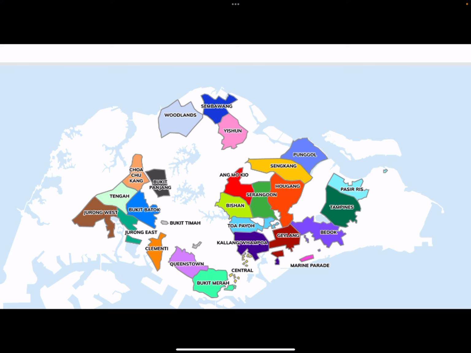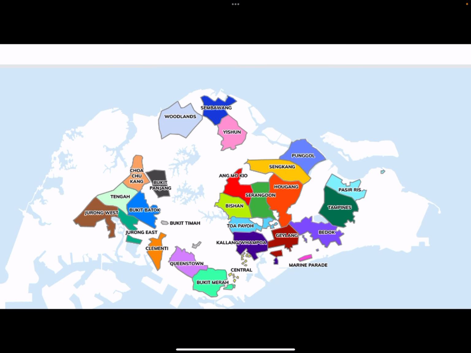But because of the size of the town, it has allowance and it has a need for more of these transport network facilities to be embedded in the other areas of the town. So they come in to provide further connectivity for the town itself. Now, if you're looking at smaller towns like Marine Parade at the bottom here, then you will be looking at a much smaller concentration of items.